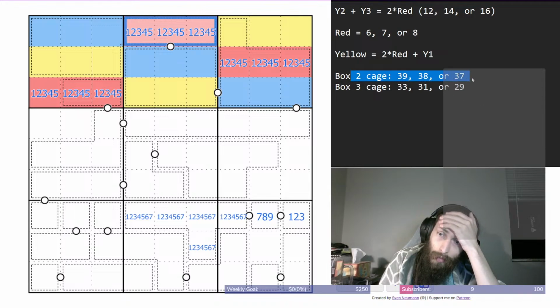Because there's no way to go plus red from the box 2 cage, because that would end up being 45, which clearly this is not.